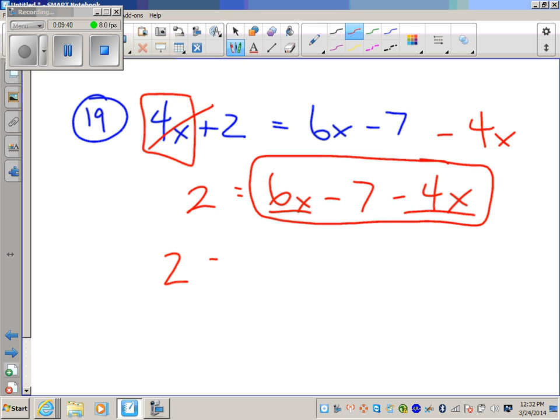So now here's what I got. 2, keep it over there for now. 2x and what kind of 7? Okay. Now what? Let's move this -7 by doing the opposite, which is adding it. So let's add that 7 to the 2, and we get 9.